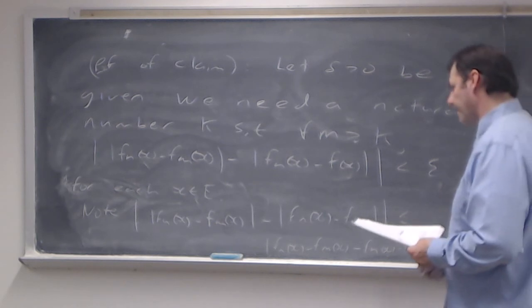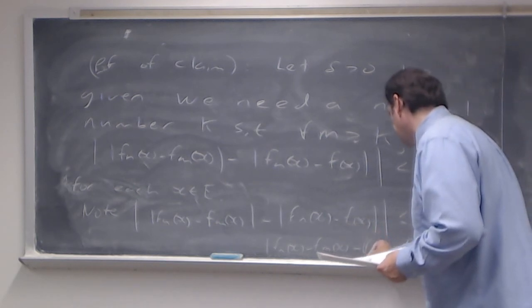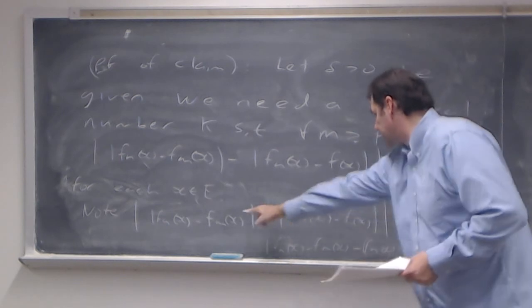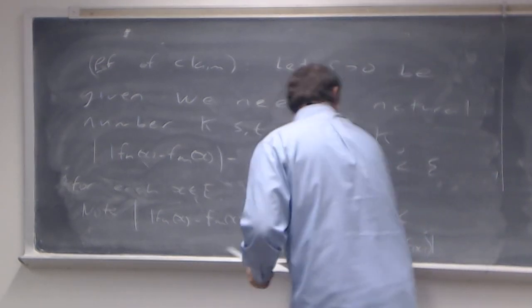And so I should have put this in parentheses. This guy minus this guy without absolute values.